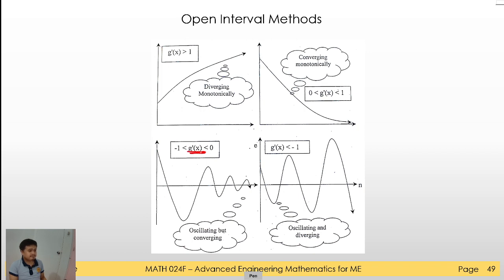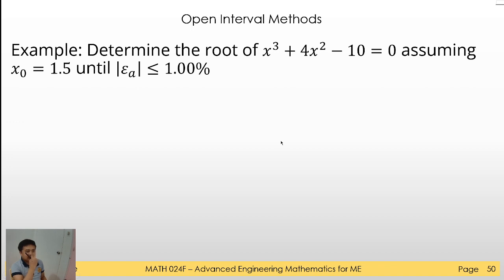But if it is less than -1, it will both oscillate and diverge. So it will not get a solution. So the condition to arrive at a solution is when its first derivative is in between -1 and +1.